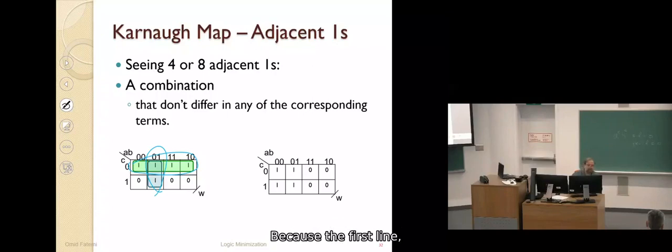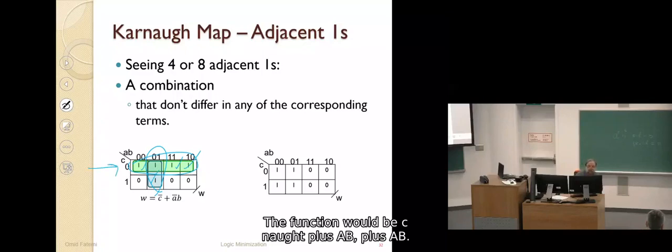I guess both of them, because the first one, the horizontal one, has these, which are not covered by anything else. So this is essential. And the vertical one has this one, which is not covered by any other implicant. So both of them are essential, so we write it. It's easy. The function would be C naught plus AB.